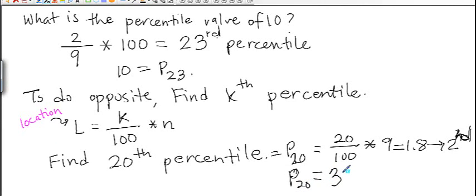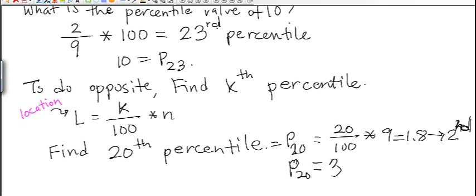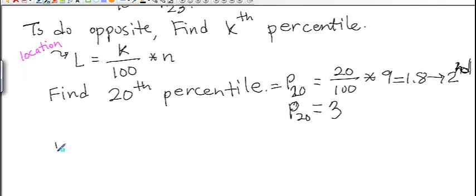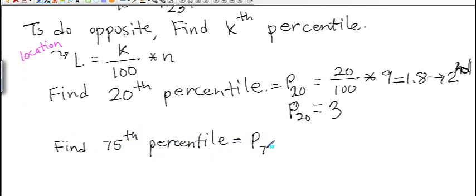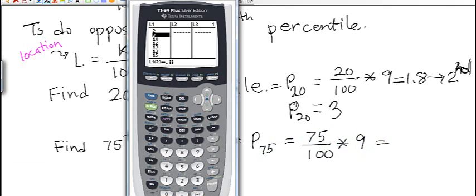That means 20% of the data is below this value of 3. Okay? Let's do another example. Let's suppose I want to find the 75th percentile, P75. You follow the same formula, 75 over 100 times your sample size. Here we have 9 pieces of data. If you don't know what 75 over 100 is, no big deal, just plug it in like you see it.